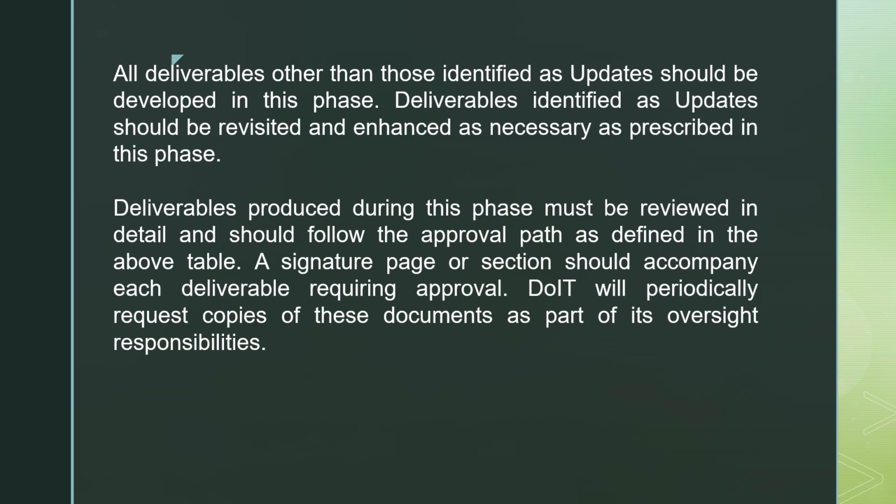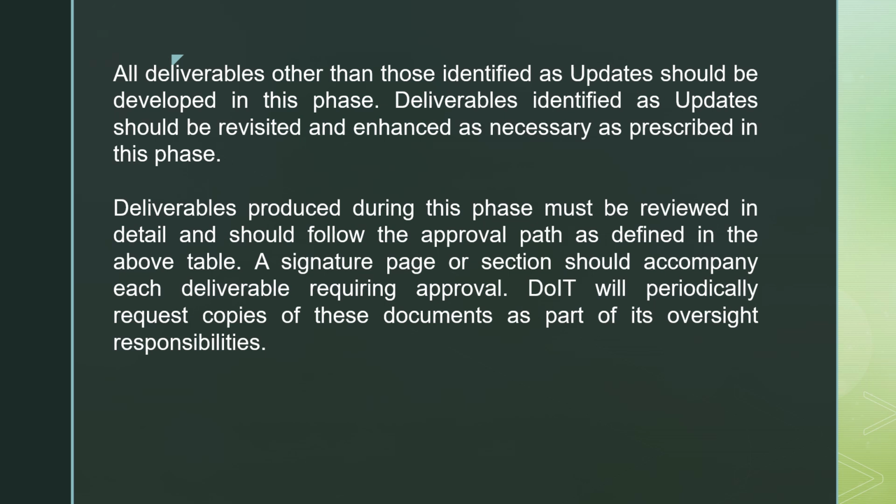All deliverables other than those identified as updates should be developed in this phase. Deliverables identified as updates should be revisited and enhanced as necessary as prescribed in this phase. Deliverables produced during this phase must be reviewed in detail and should follow the approval path as defined in the above table. A signature page or section should accompany each deliverable requiring approval.